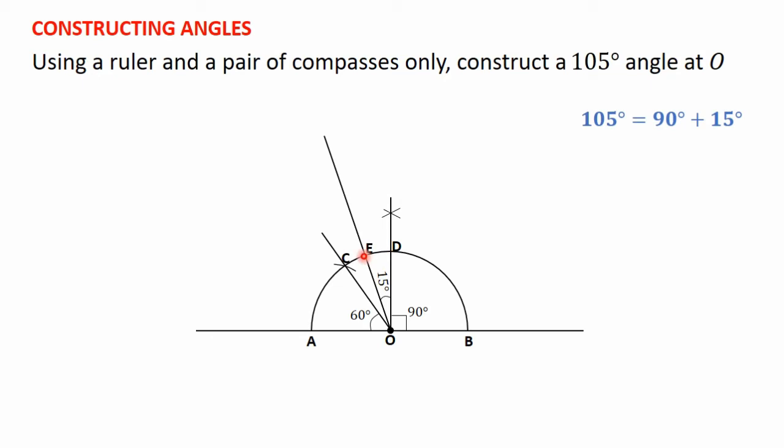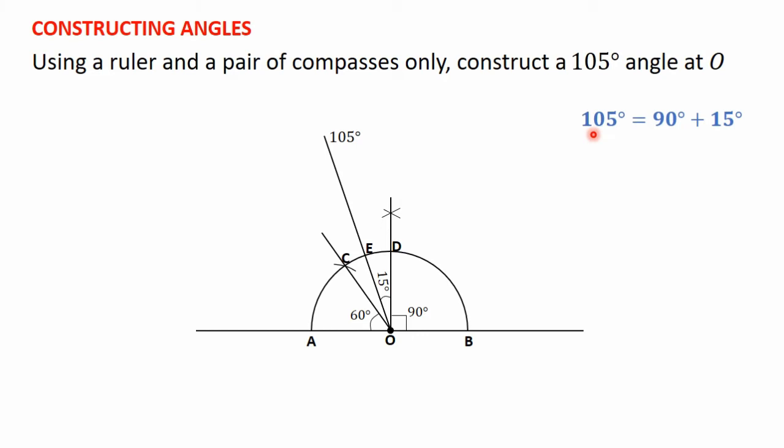Let's call this point E. If this point is point E, then we can say that angle EOB is 105 degrees, because angle EOB will be equal to 15 degrees plus 90 degrees. 15 degrees plus 90 degrees will give us 105 degrees. So this is how to construct a 105 degrees angle.